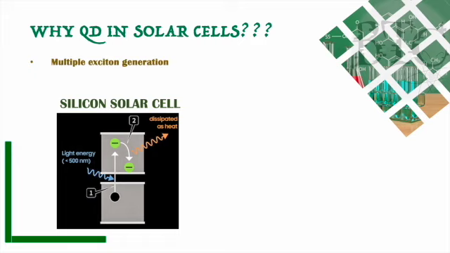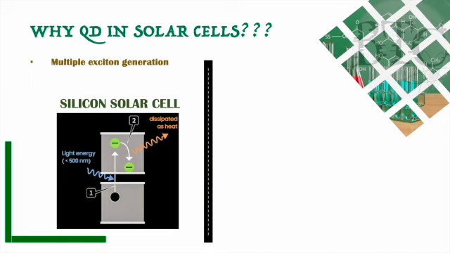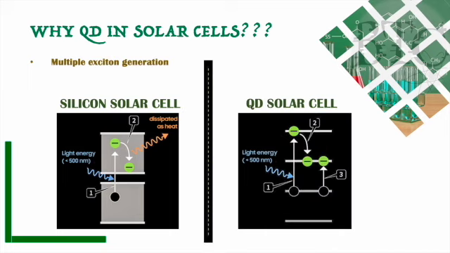Okay, now let me compare this with quantum dots in solar cells. What happens when quantum dots are used in solar cells instead of the traditional bulk silicon material? The light energy is made incident, which falls on the solar panel.